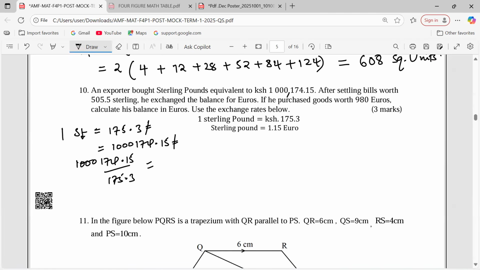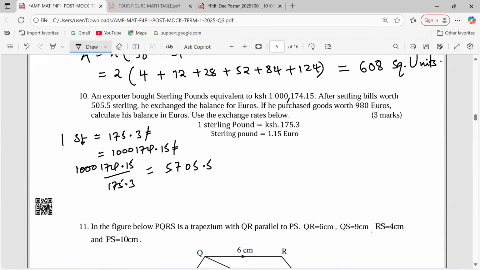This shall give us this gives us 5705.5 sterling pounds.